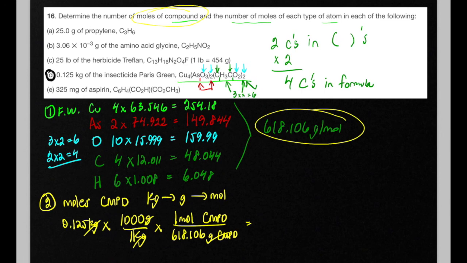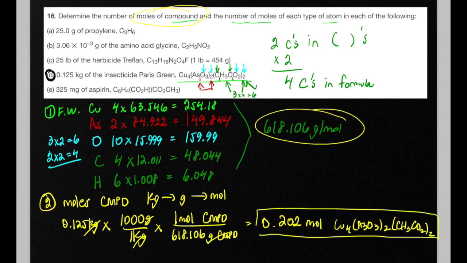So punch all that into your calculator and I get 0.202 moles of the compound. And you can rewrite the whole thing if you want this to be nice in your final answer. Okay, so 0.202.